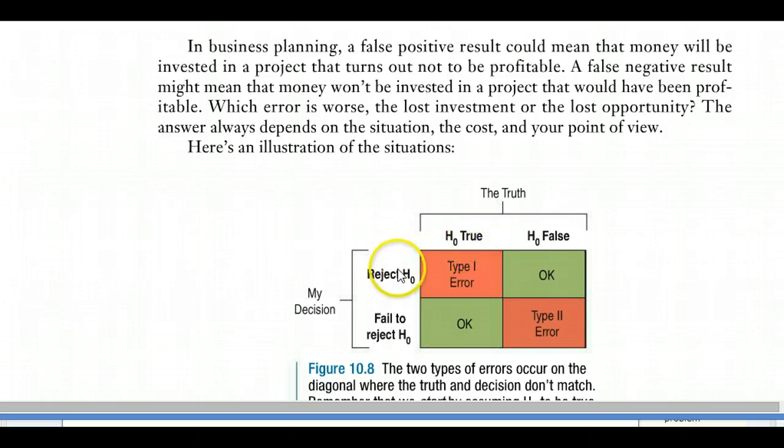We didn't realize that the null hypothesis was true, so we said the alternative hypothesis is what we are concluding is correct from the experiment. So that's a type 1 error. And the type 2 error occurs if the null hypothesis is false and the experimentation and data gathered fails to reject the null hypothesis.